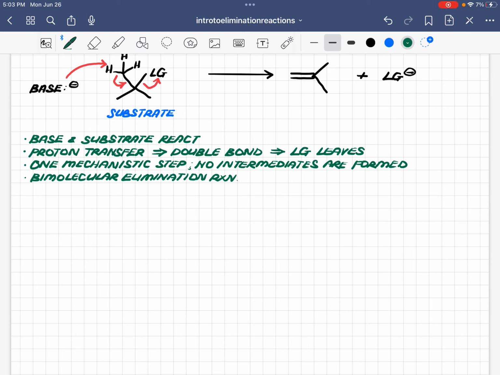Let's now take a look at what an E1 reaction mechanism looks like. So let's move on to the E1 mechanism.